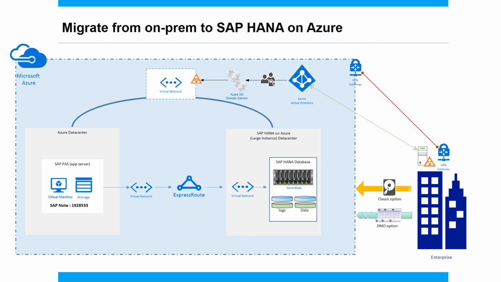SAP on Azure requires that you run your SAP workload on a certified Azure virtual machine, so I invite you to check note 1928533 to have the latest guidance, because it's important to run your application on a correct environment. SAP HANA on Azure large instances run on a dedicated blade server located in a Microsoft Azure data center. Like I said earlier, this is a specific data center.